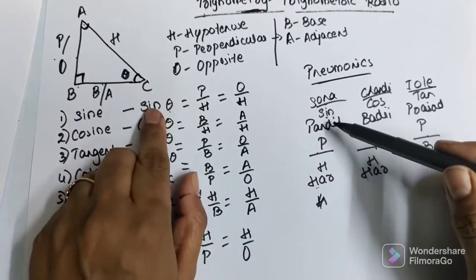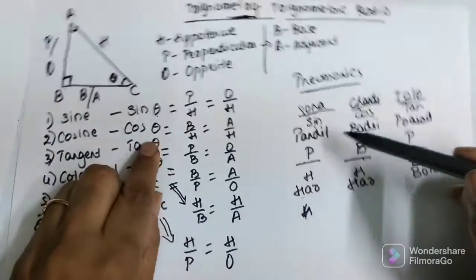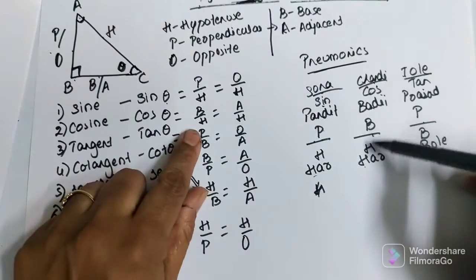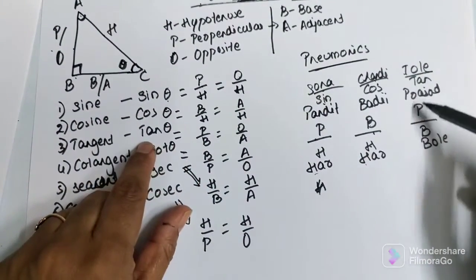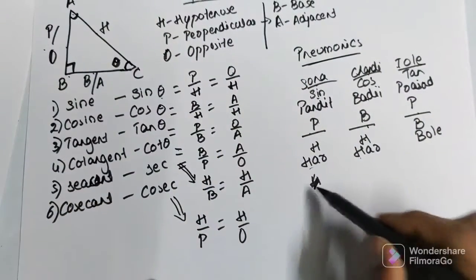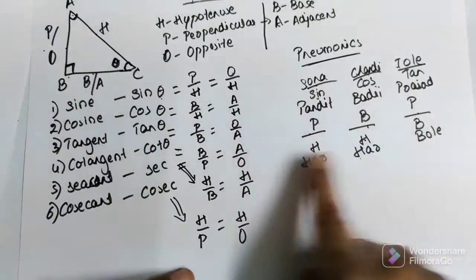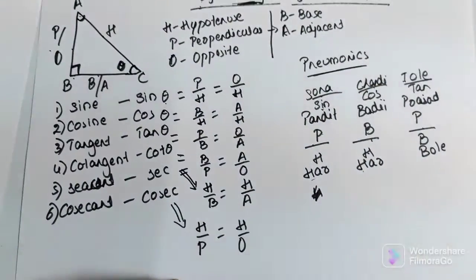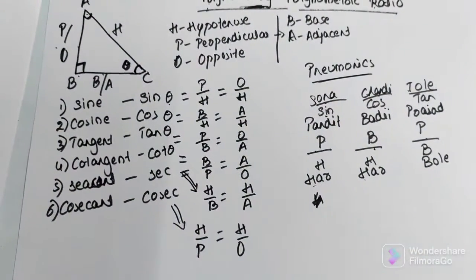So you can see that the sine function is nothing but P by H, and the cos function is nothing but B by H, and the tan function is nothing but P by B. This is a very interesting method, so as not to forget the ratios. Also, there is another method.